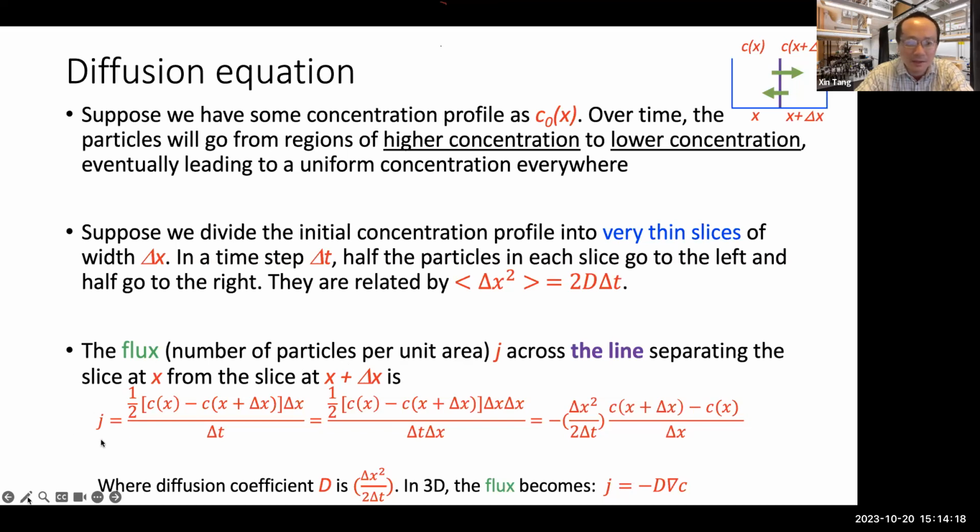Okay, so then this J can be written this way, and then we input the diffusion equation into it and find that J can be written as minus the diffusion coefficient D, capital D, times delta x squared divided by 2 delta t, right? So this is a one-dimensional condition, so it's 2 delta t.